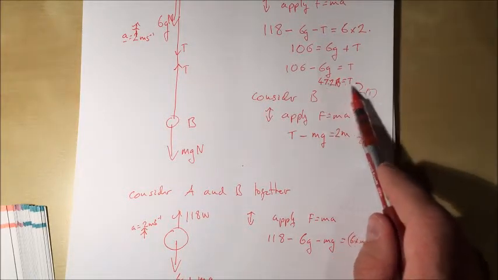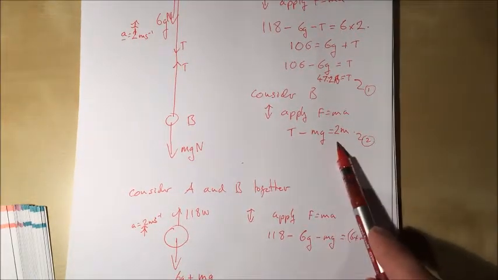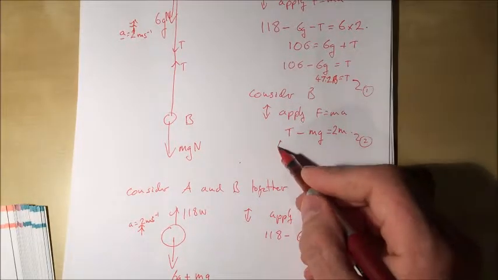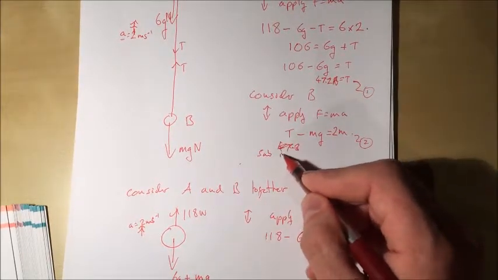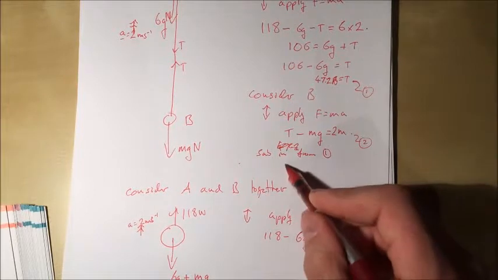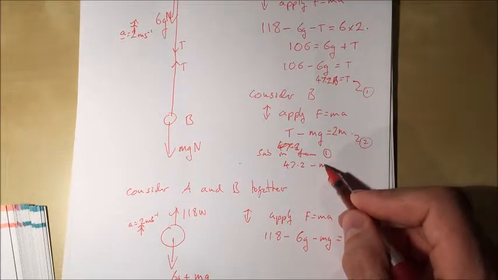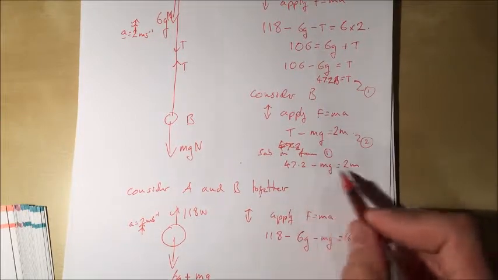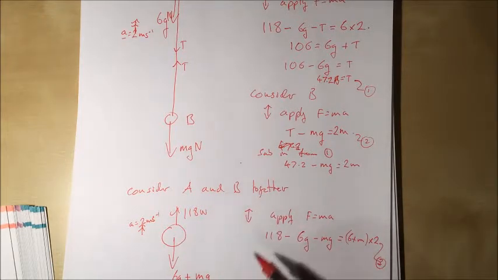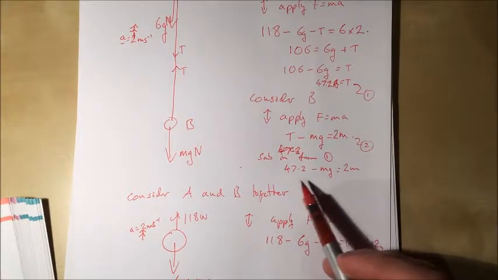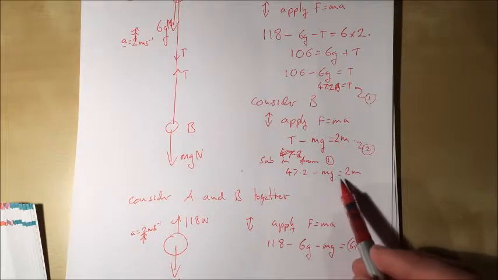In this question, we found the tension from that one there, and then applying that to B, we're going to be able to find m. 47.2 is the tension subbed in from equation 1, so 47.2 minus mg equals 2m, and if I solve that equation for m, then we should find m. We didn't need the third one, but in another question they might have given us another unknown. Say the mass of A was unknown as well, and we'd need the third equation. So if you're happy with that, you could probably stop the video and finish that off for yourself from here, but let's just check.